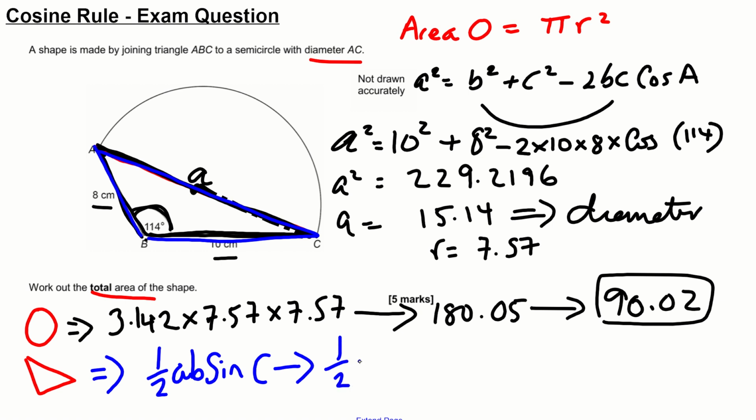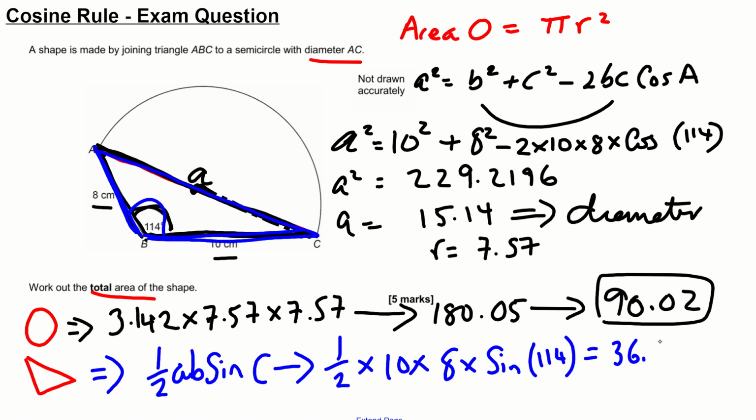So half times the side times the other side, and remember, times the sine of the angle in the middle. And that will give you the area of any triangle, and that triangle is therefore 36.54.